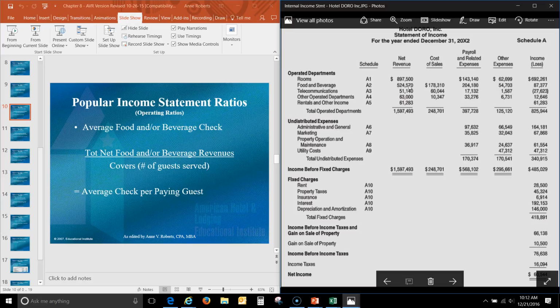If we needed to do this as beverage only or food only, we would have to break those two departments out, okay? The other thing is the number of covers, or guests served. I would actually have to give you that number. That's not something that you can really calculate.